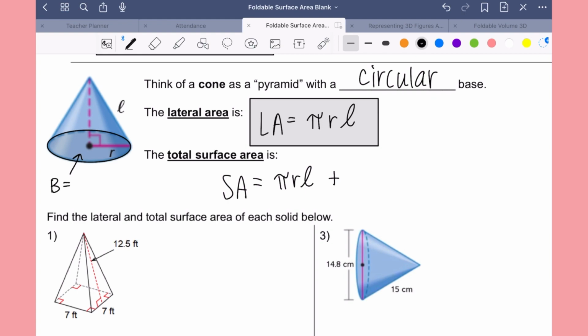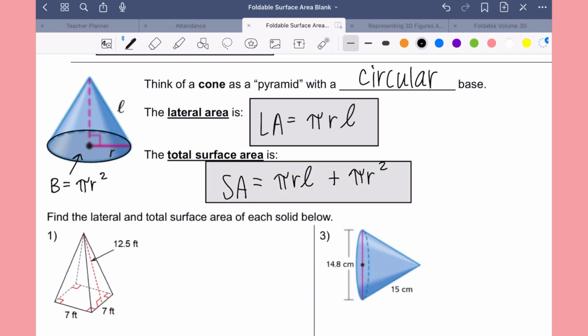What's the area formula of a circle? Pi r squared. Hopefully you remember that by now. So we only need one circle. When we did cylinders, we used two pi r squared, but this one is only one. We're going to add 1 pi r squared to our formula for total surface area.